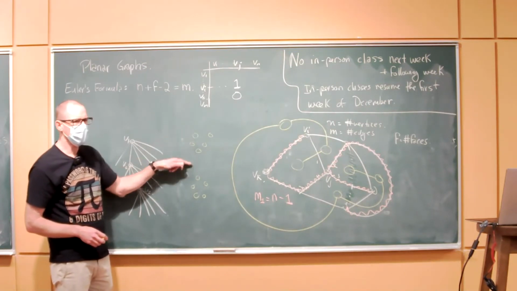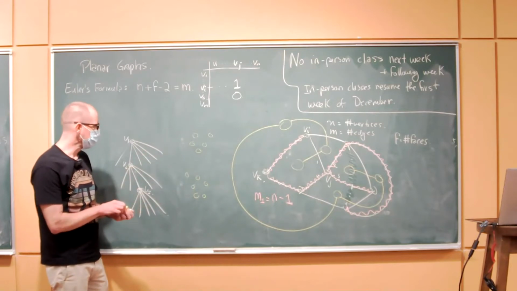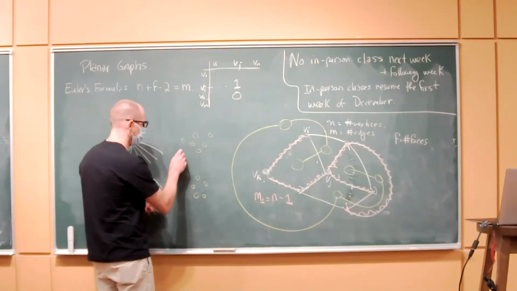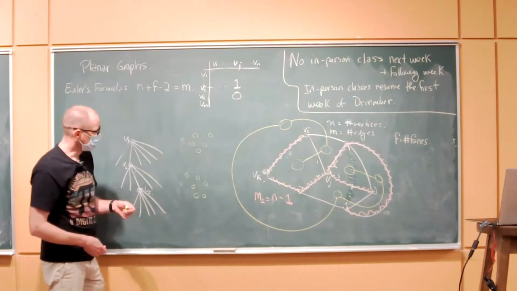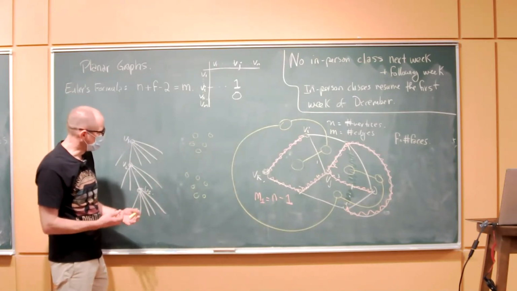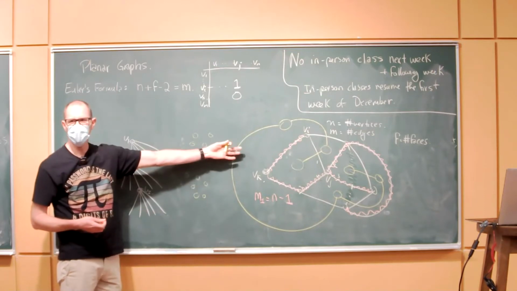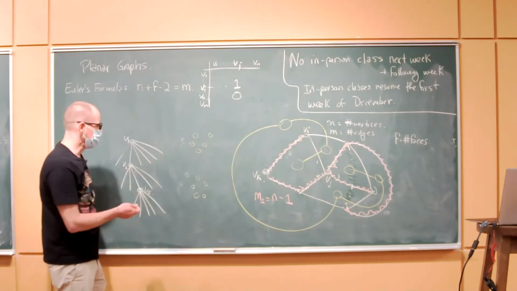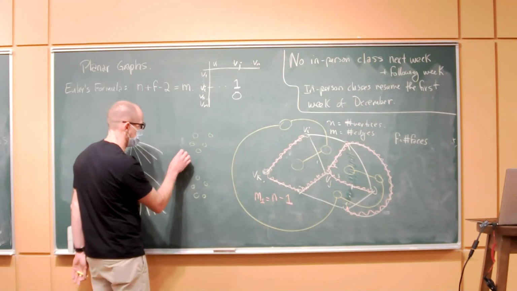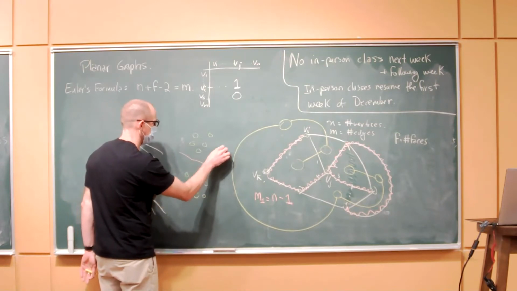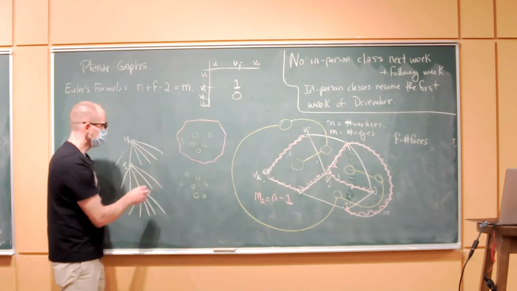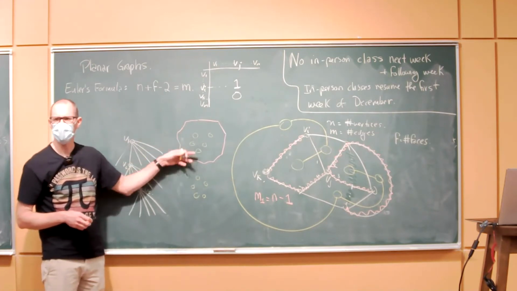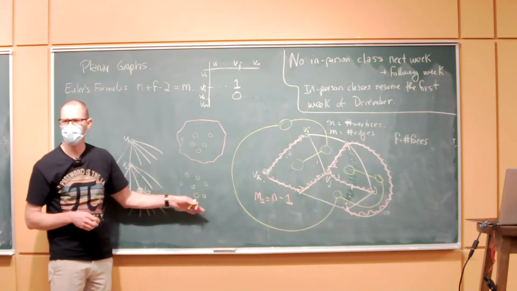But if there's no edges between them, that means somehow there were edges between these faces in the graph somewhere, but they all got used up by this spanning tree. And how would that happen? Well, that means this pink spanning tree is supposed to separate these two things, but the pink spanning tree doesn't contain any cycles, so it can't separate one from the other.